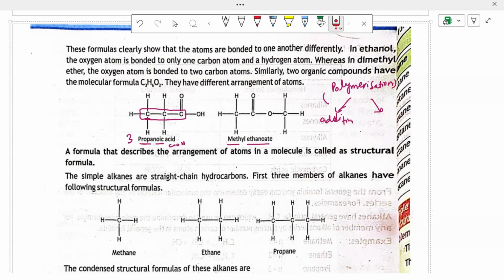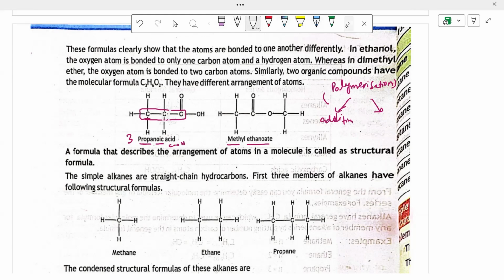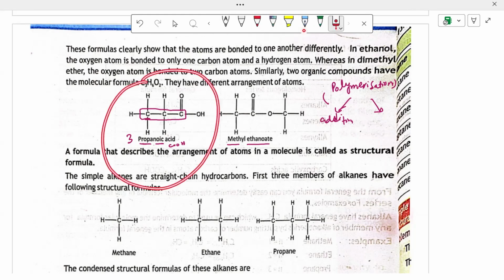See, here we could see, if I could raise it. No, I cannot. Here you could see, what does the structure tell you? If I ask you to explain this structure, what does the structure tell you?